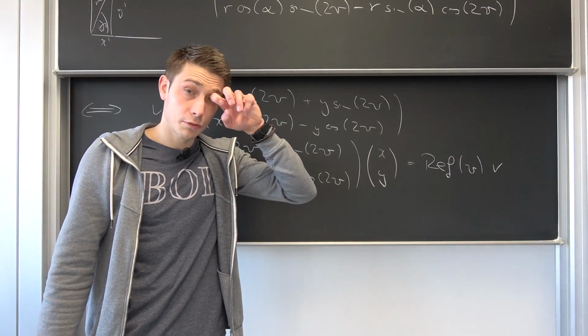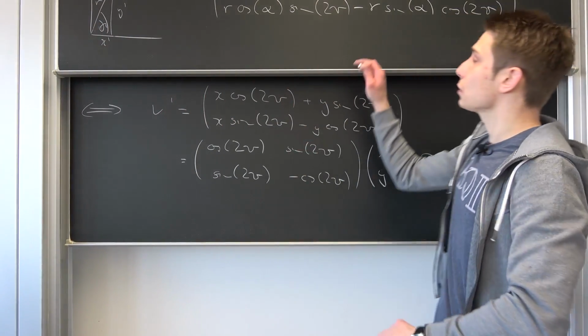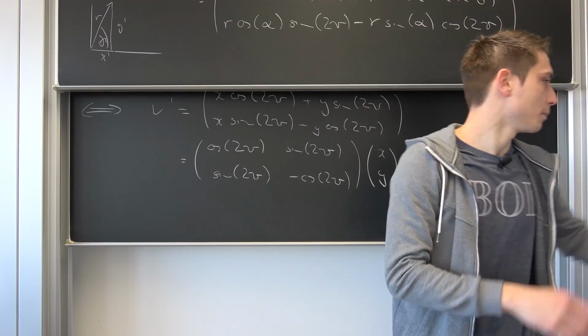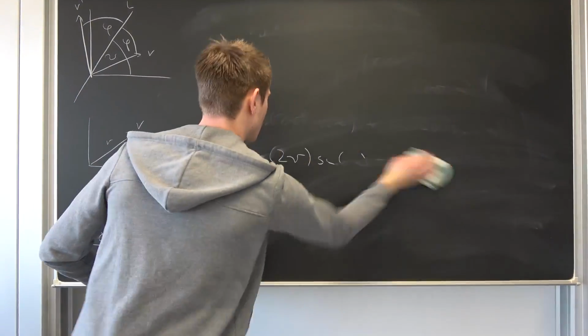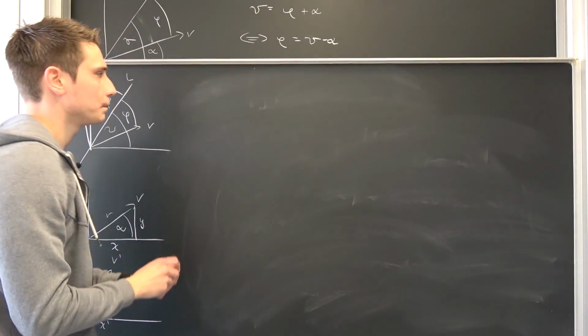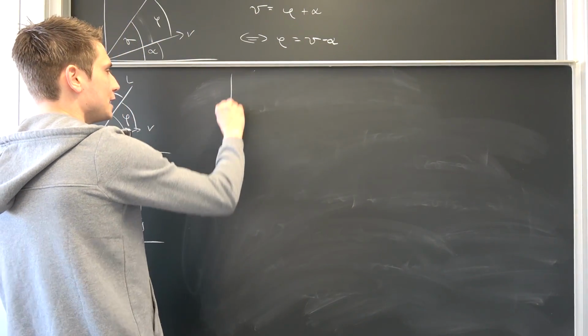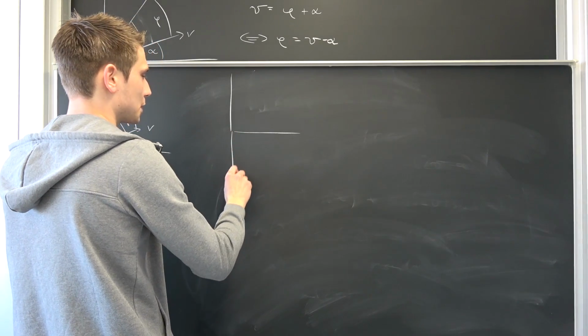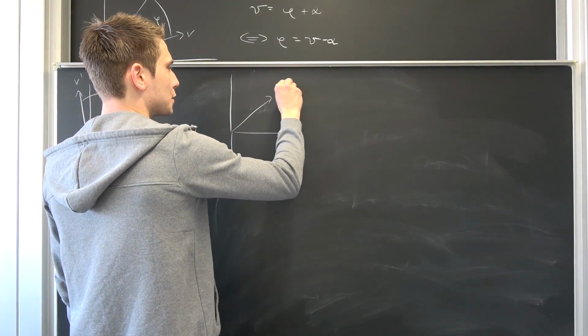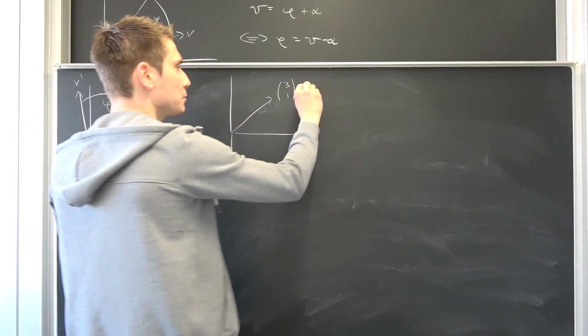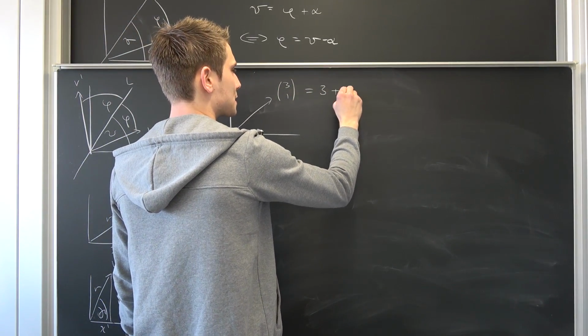There are many applications of this right here. For example, why not take a look at the complex plane. Let me erase a little bit. So, what's an application? Let's say we have a vector right here in the complex plane, and this vector is, for example, 3 and 1. That's a complex number corresponding to 3 plus i.